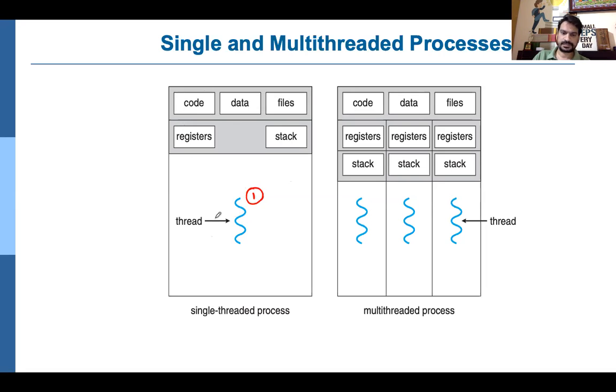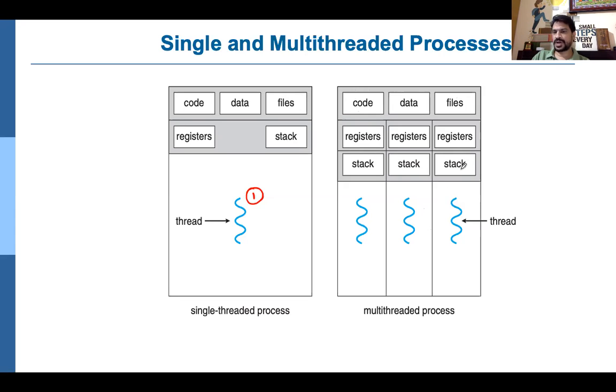But when we talk about multi-threaded processes, where we have multiple threads available, in this particular example you can see what the common things are. We have the code section, the data section, and the files and the signals are common between all the threads, but the registers and the stacks are separate.